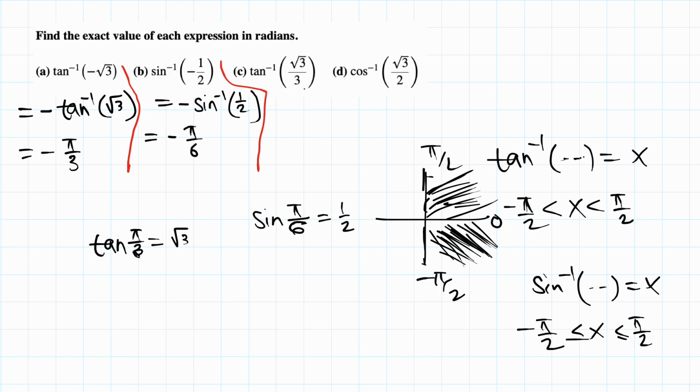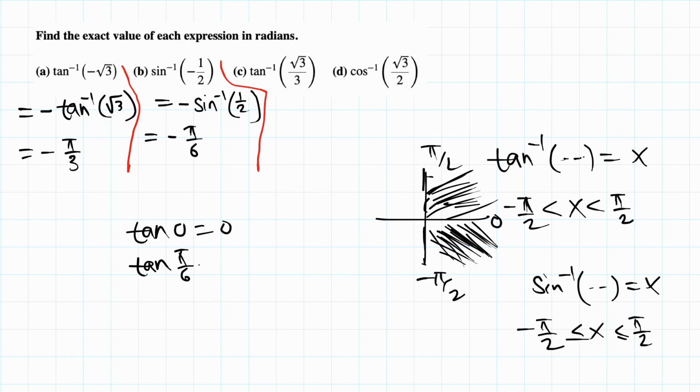Okay, tangent inverse of root 3 over 3 is positive, so the answer should be in the first quadrant. And if there is a negative, we can always pull it outside for tangent inverse and sine inverse, and we can always find the answer in the first quadrant. We know that tangent of 0 is 0.